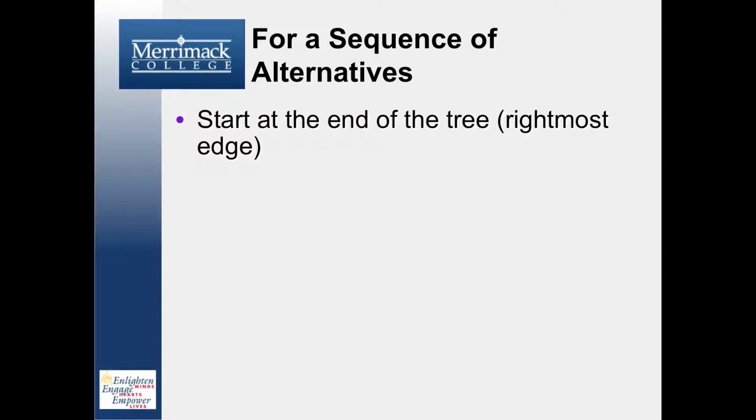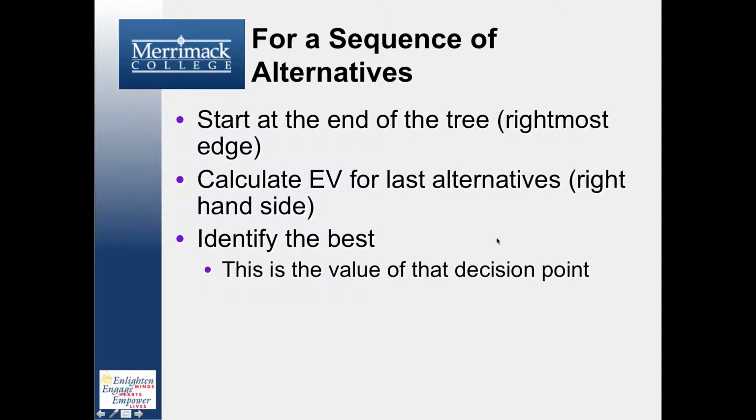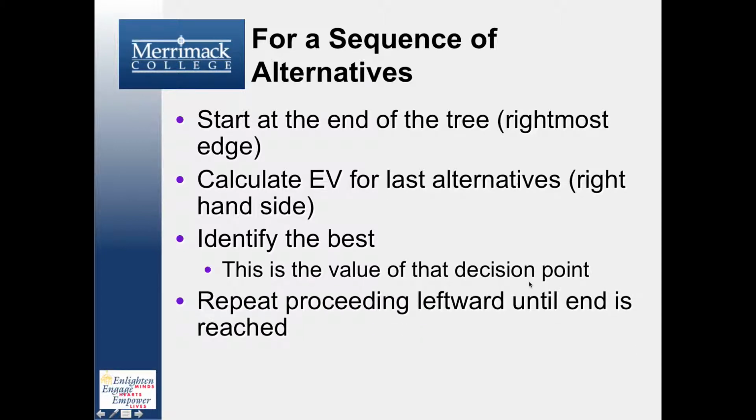Okay, so the idea is you start at the rightmost edge of a tree, and you evaluate expected value for those alternatives on the right-hand side and then identify the best one. That's the value of the decision point, and then repeat this process, proceeding leftward until the end is reached.